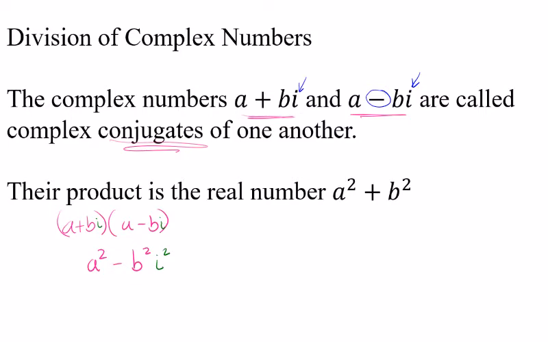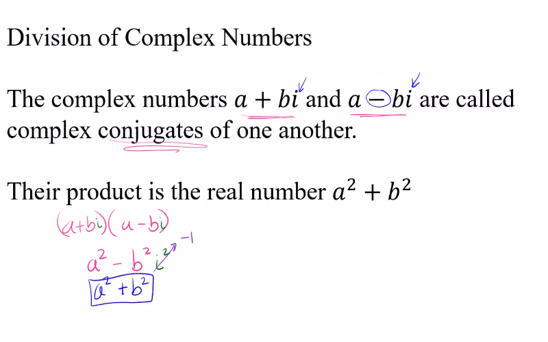So if I square bi, the quantity of bi, I get b squared i squared, okay? And we all know that i squared equals, that's right, -1. So if I multiply -1 times negative b squared, then what I get is positive b squared.